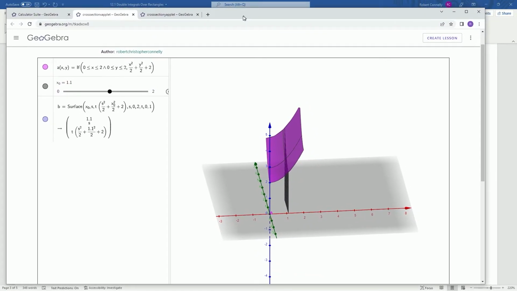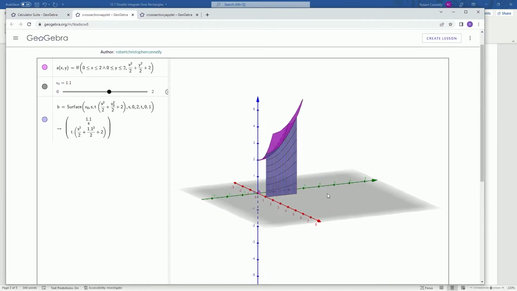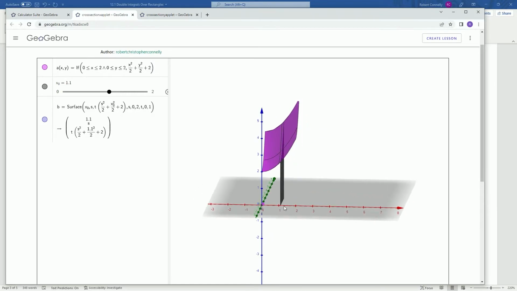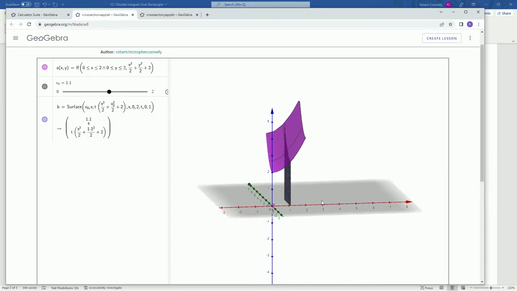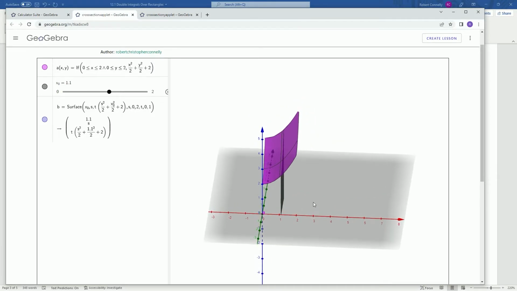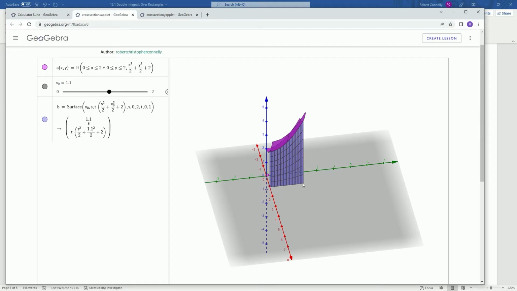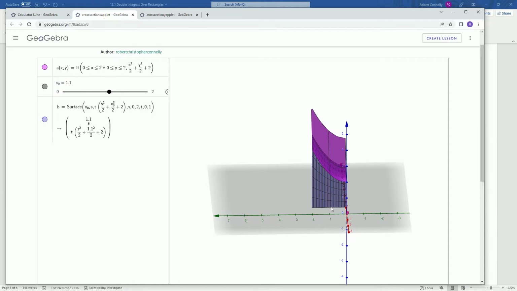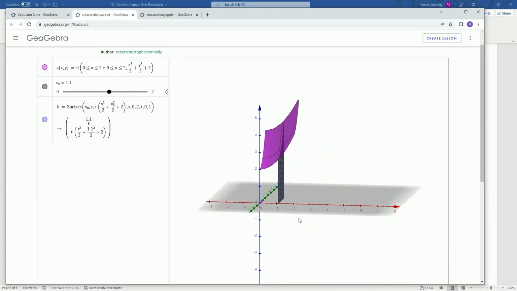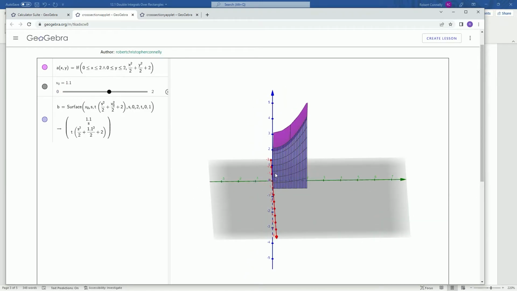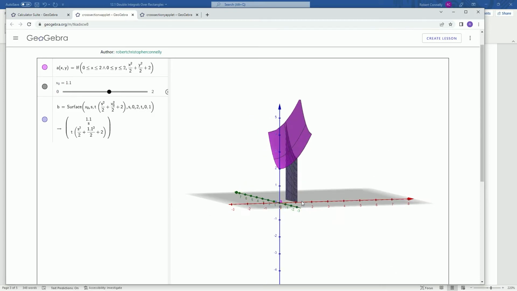So if we take a look here, we've got some fixed x value, and when we integrate for that fixed x value, what do we get? We get this integral over y. So here we're actually integrating along the y-axis, and we get an area that's based on that integral with respect to y.